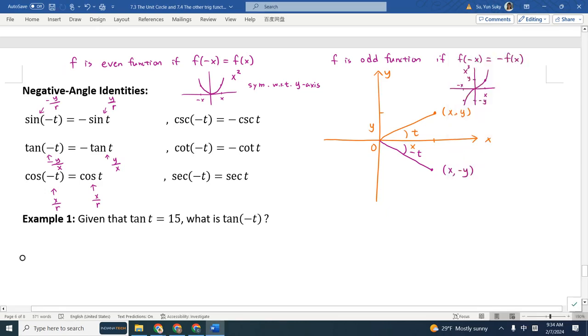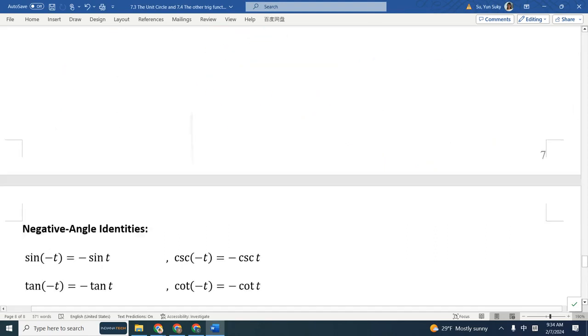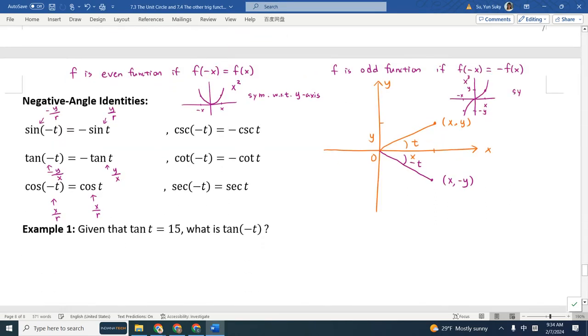So for an odd function, the graph is symmetric with respect to the origin. What does that mean? Symmetric with respect to the y-axis is like the y-axis is a mirror, right? You have a mirror image. And symmetric with respect to the origin means any point here, you rotate 180 degrees about the origin, and the new point is still on the graph. Is that okay, everybody?